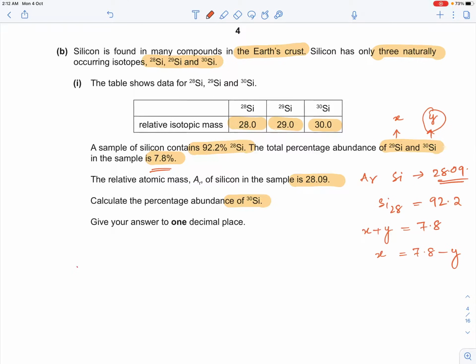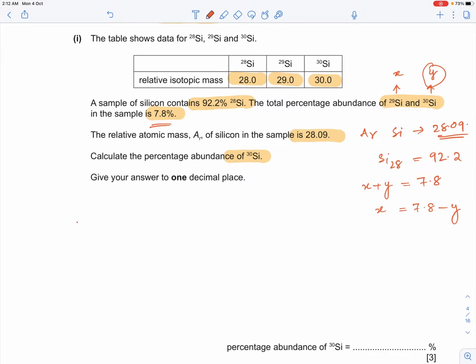Okay, so the formula to find the relative atomic mass of an element from its isotopic masses and their relative abundance is that the relative atomic mass, so Ar of silicon, is equal to the isotopic mass of silicon-28, which is 28, multiplied by its relative abundance, which is 92.2.